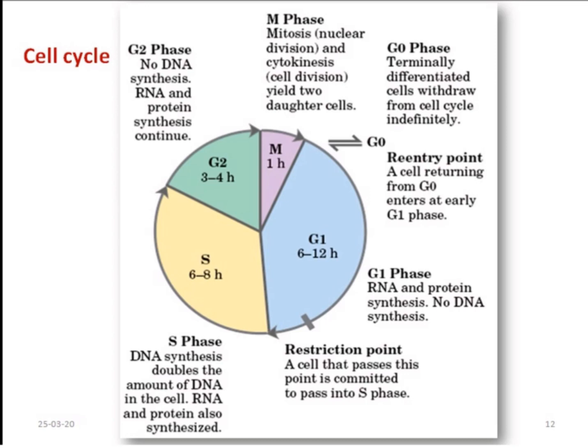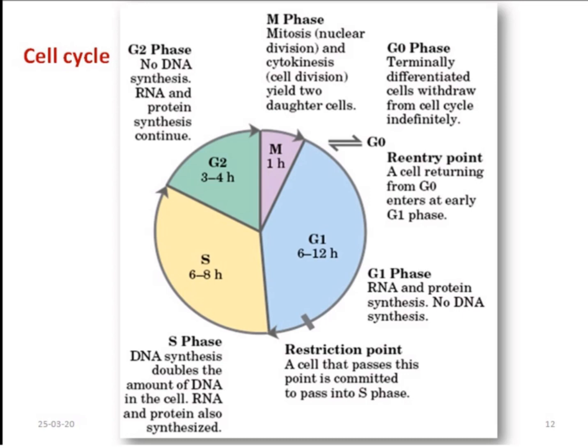It means if later the body decides that the cells which are in the G0 phase need to come back into the cell cycle again, this is the point at which they will enter the G1 phase. Then these cells will enter the G1 phase at the early point, and then they will continue the cell cycle by themselves.